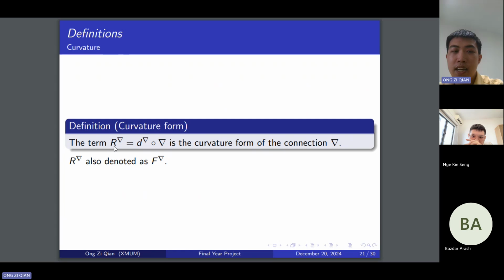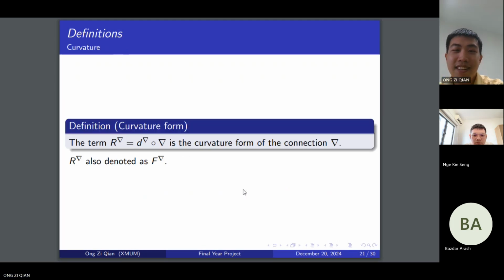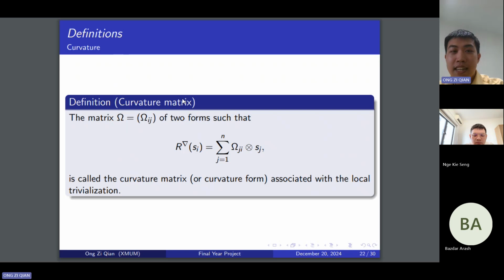And we say that d composed with d is the curvature form, which is mapping A0 to A2. Here, Ai is the set of i forms. So A0 is the set of 0 forms, A1 is the set of 1 forms.